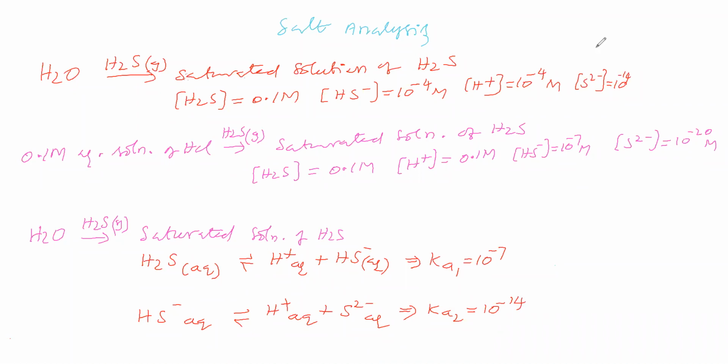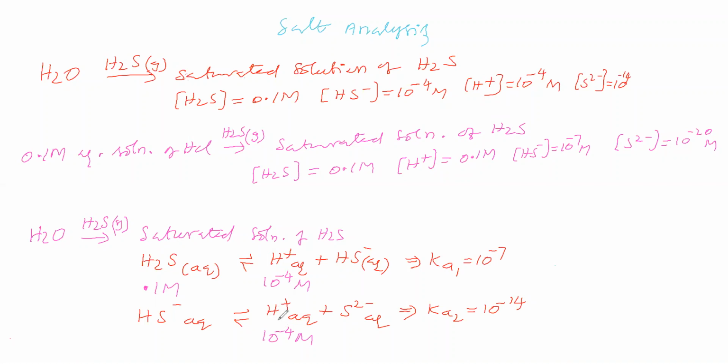The concentration of H2S in the saturated solution is 0.1 molar. The concentration of H plus in the saturated solution is 10 to the power of minus 4 molar. Now you say, what shall we write for the H plus concentration here and the H plus concentration here?